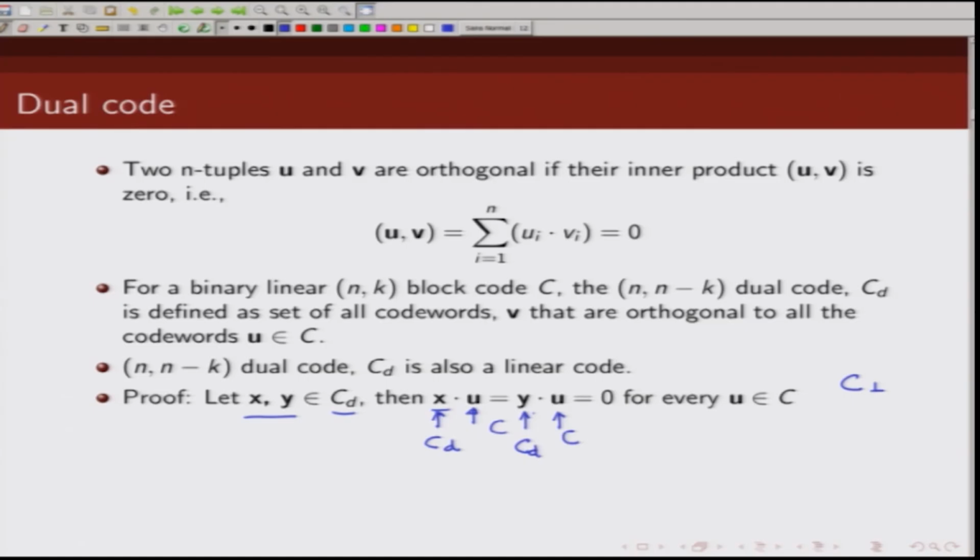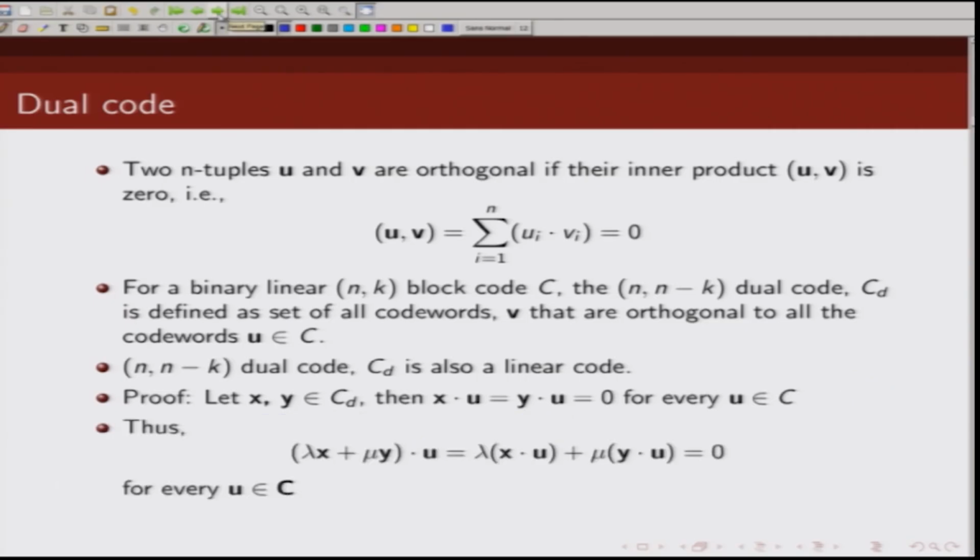This follows from the property that a code word which belongs to the dual code is orthogonal to the code words in the original code C. Then for some binary lambda and mu, we can write (lambda x plus mu y) dot u as lambda times (x dot u) plus mu times (y dot u).